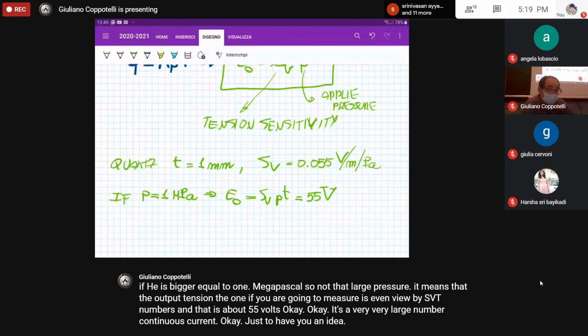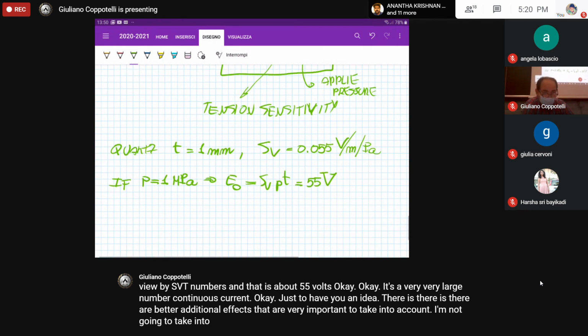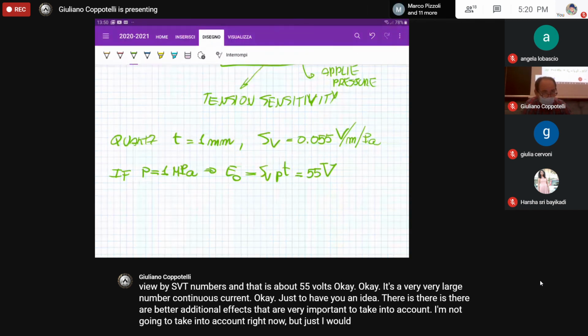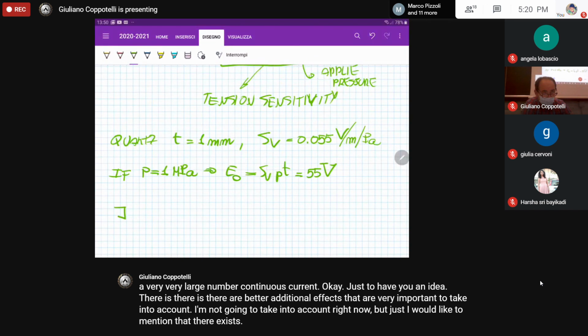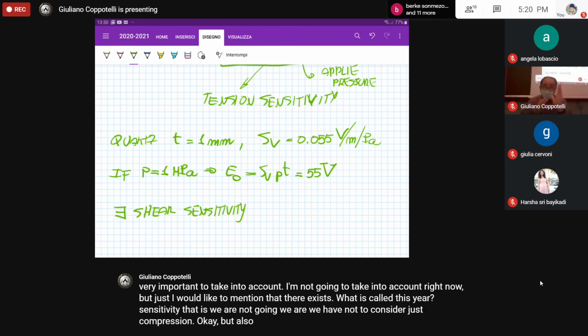There are additional effects that are very important to take into account. I'm not going to take them into account right now, but I would like to mention that there exists what is called the shear sensitivity. That is, we have to consider not just compression but also shear sensitivity.